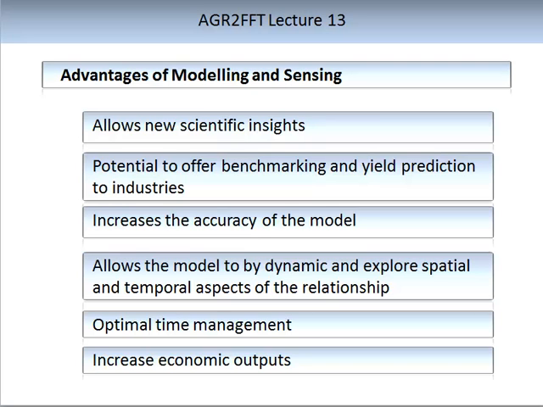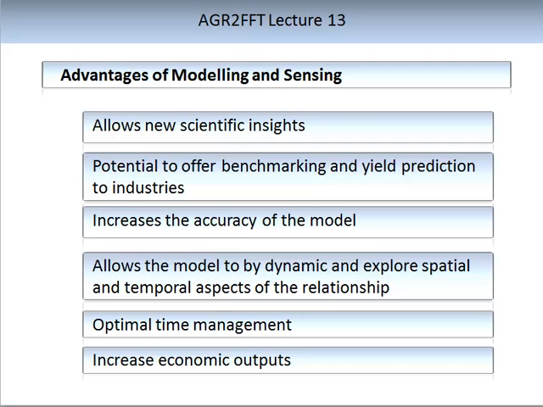A real-time dynamic model is enabled with sensing, and this allows optimization for any given climate, topographic interaction that your farming enterprise may occur. Coupling modelling with sensing allows for the potential of benchmarking and yield prediction to some enterprises.